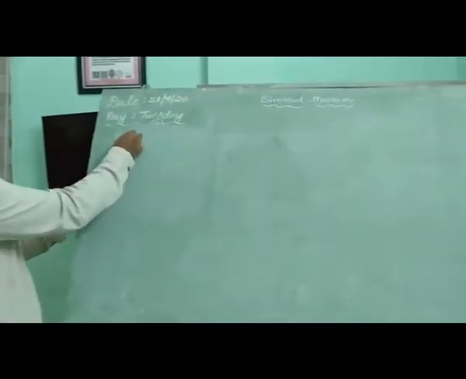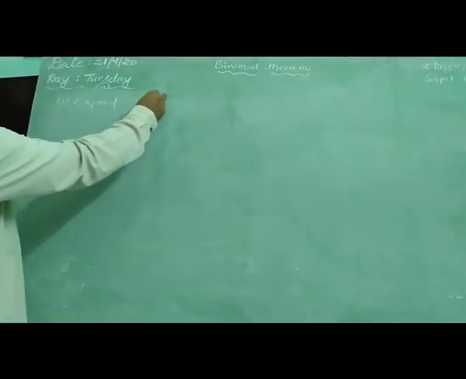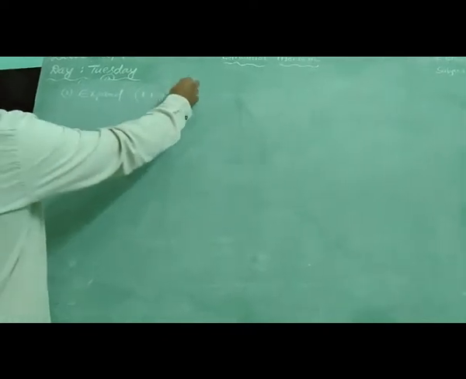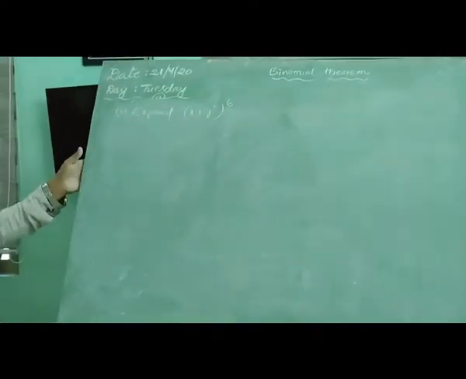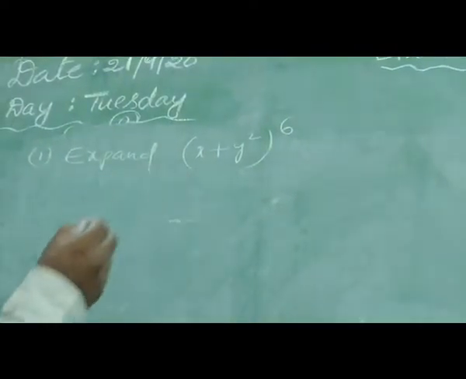So first one, expand (x + y square) to the power of 6. Okay. So we use the binomial theorem.